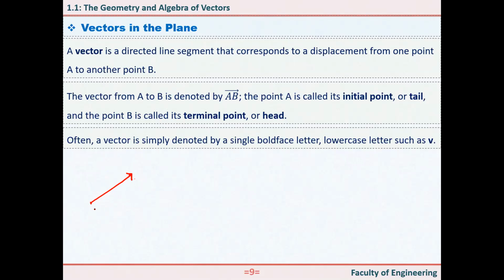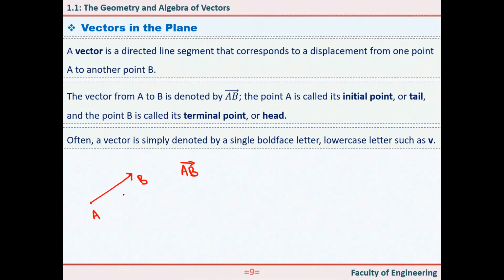Usually I denote the initial point, also called the tail, as capital A, and the end point or terminal point as B. Then how do you show that it is a displacement from A to B? We use the notation AB with an arrowhead. So there's a displacement here from A to B.